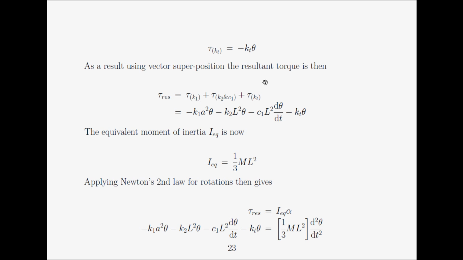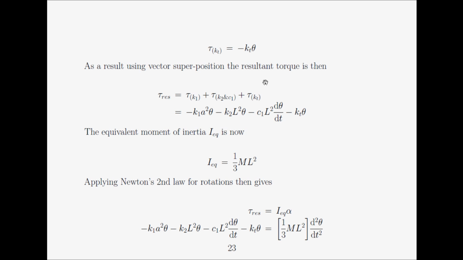So force in the x direction is mass times acceleration in the x direction, or force in the y direction is mass times acceleration in the y direction, and then again the resultant torque in the angular direction is the moment of inertia times the angular acceleration. So torque resultant is I equivalent times alpha.